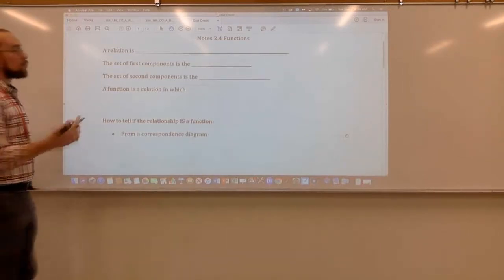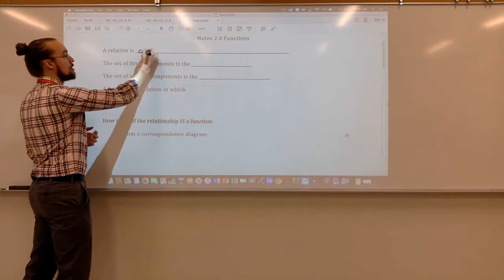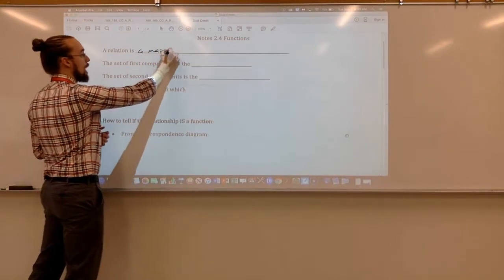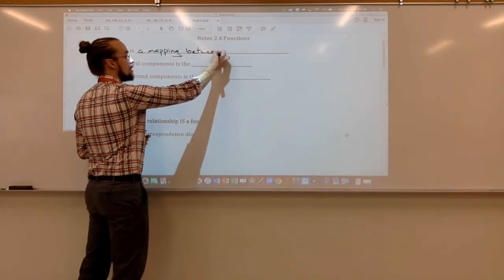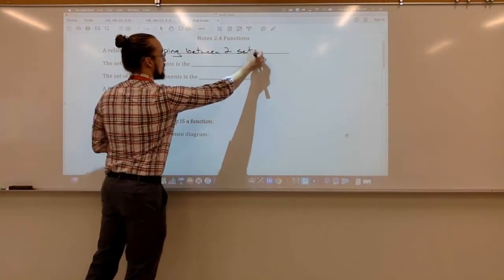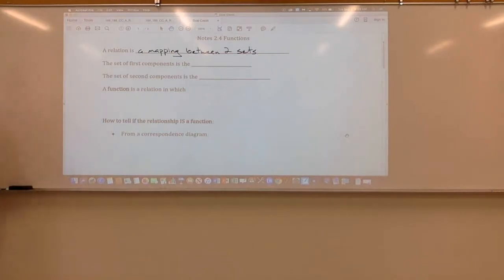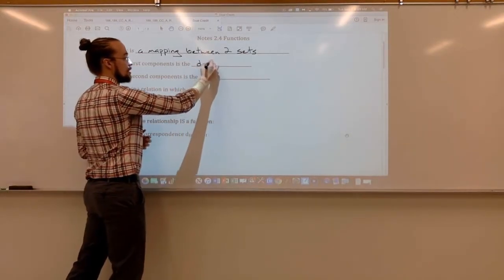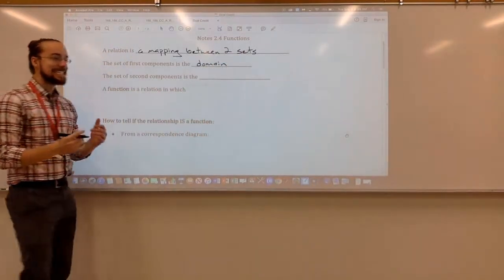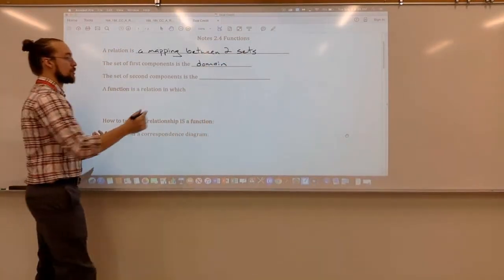A relation is just a mapping between two sets, some rule that maps one set onto another. The first set of components in a relation is called the domain. The second set is called the range.